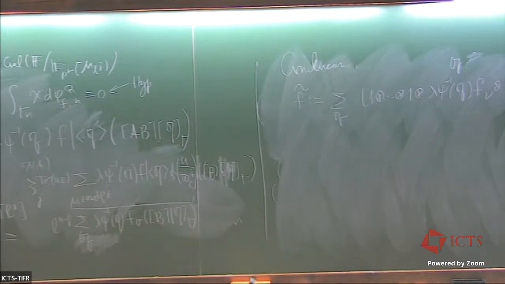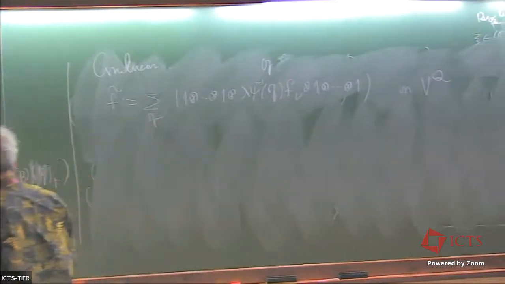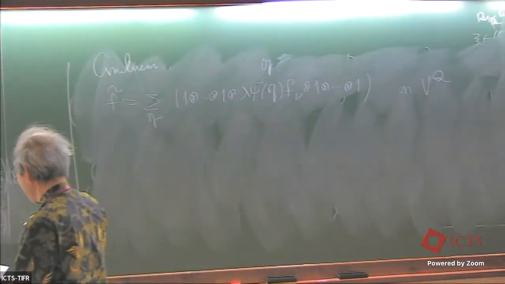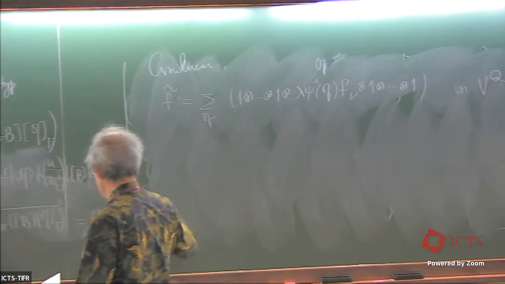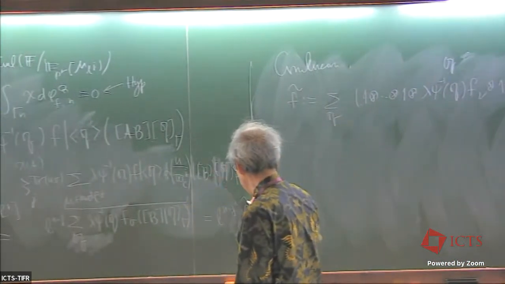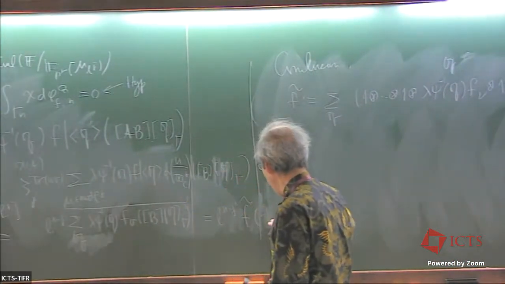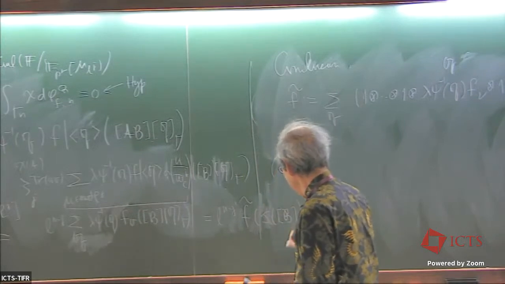This is a modular form on V to the q, right? So this is then what you get, this L to the n minus j and so on. But this is just the value of this F tilde evaluated at s of b, right?